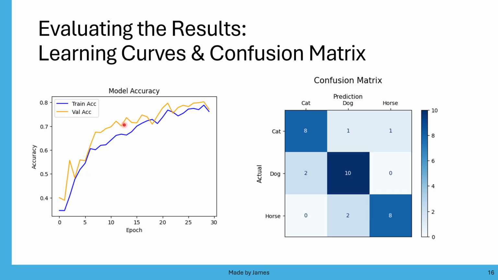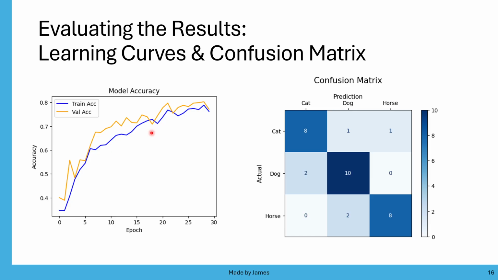You can see that in the first 5 epochs, both lines rise rapidly, like climbing a hill, indicating that the AI is quickly absorbing features. And around the 20th epoch, both lines stabilize between 0.5 and 0.8. This is a beautiful graph because the blue and orange lines are very close together.